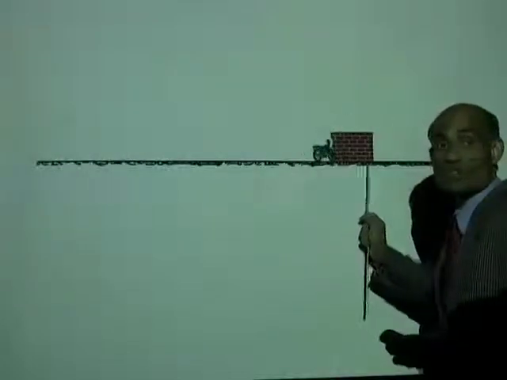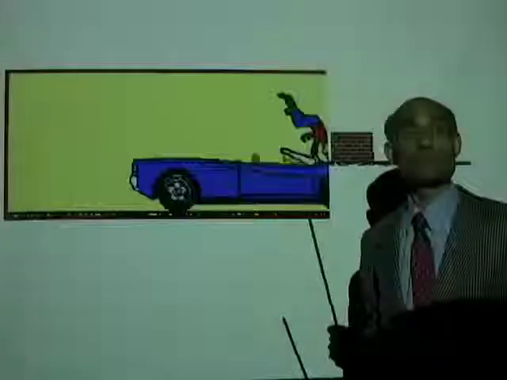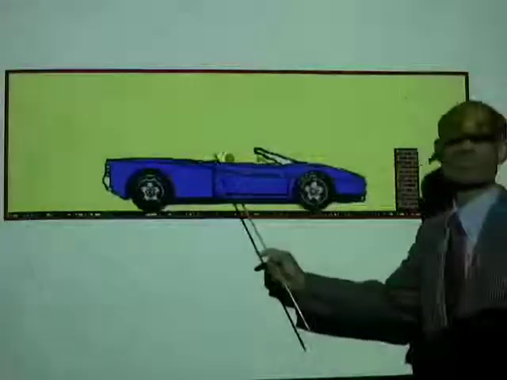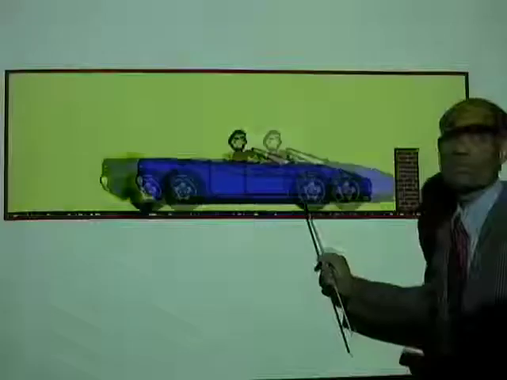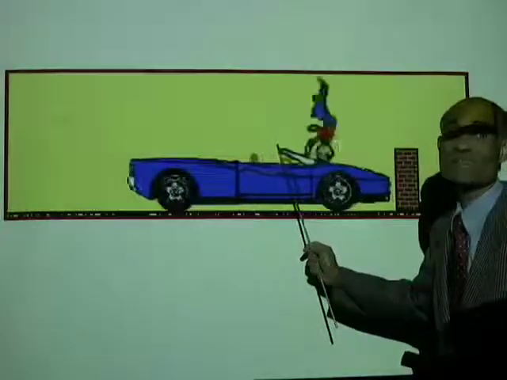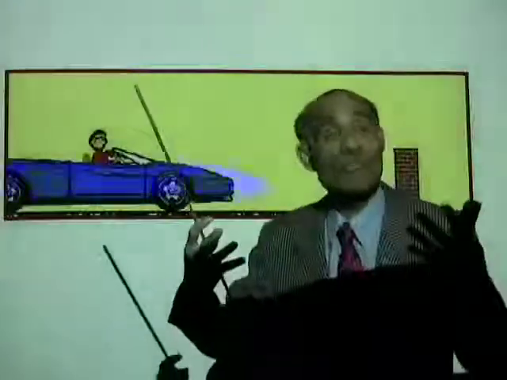Because he wants to keep on moving. And that is inertia. Well, one more example. I know you are tired of these examples. All these are familiar examples. When the car is suddenly brought to a stop, the man who is not wearing a seatbelt will want to continue moving. He wants to obey the rule of inertia.